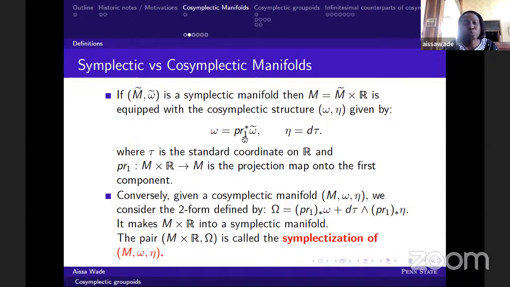So they will pull back omega tilde to get omega, and then eta here is just d tau, where tau is a coordinate function on R.